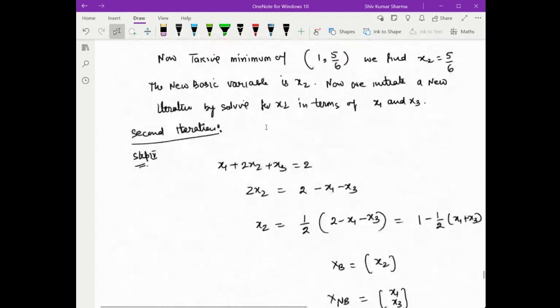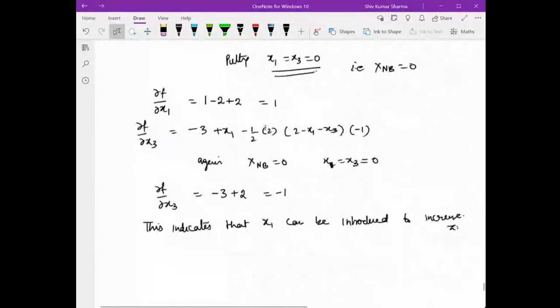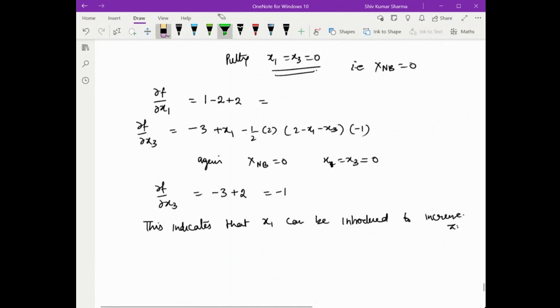Same case here: we obtain two derivatives, with respect to x1 and with respect to x3. We see that the value for x1 is positive, that is 1, and the other value is minus 1. So we select x1 on the basis of the greater value. Now we write the next step, step 5.